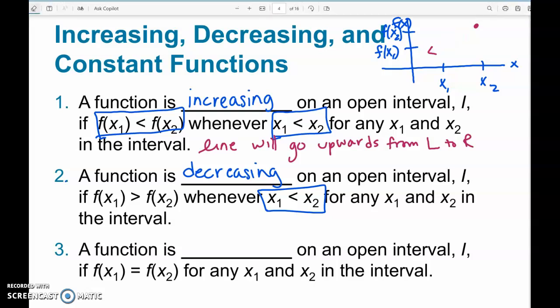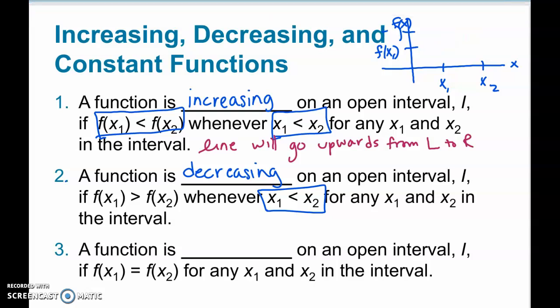So that means, let's erase this, that f sub 1 would be up here and f sub 2 would be below it. If f sub 1 is greater on the y-axis, then it has to be above f sub 2.